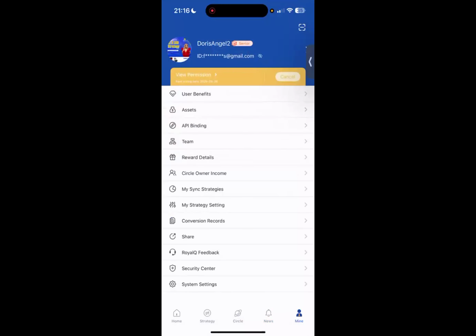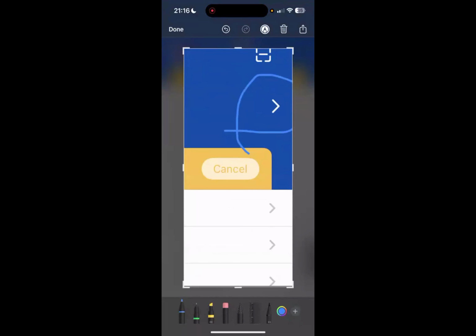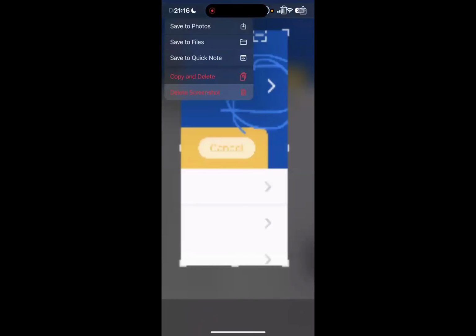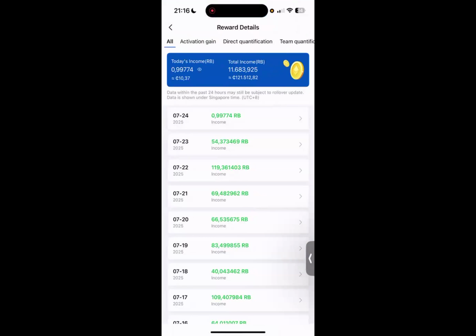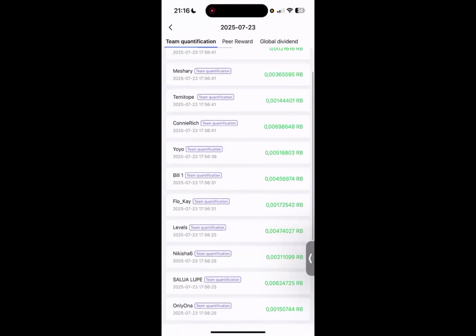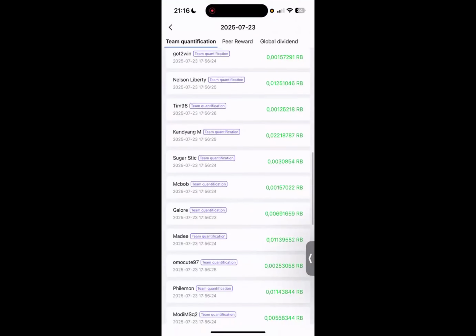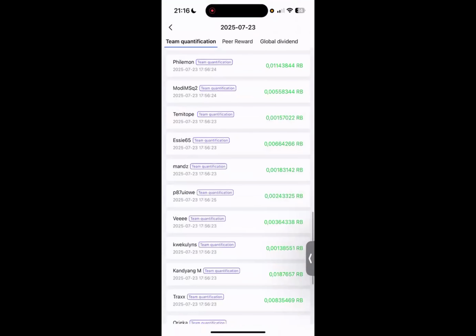Then let us go to mine. On the mine button, this is where you can change your nickname, because I see some people in our team have not changed their nickname. How did I see that? I go to reward details, then team quantification. So I know Essie.